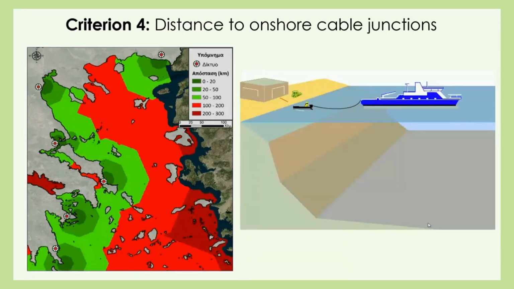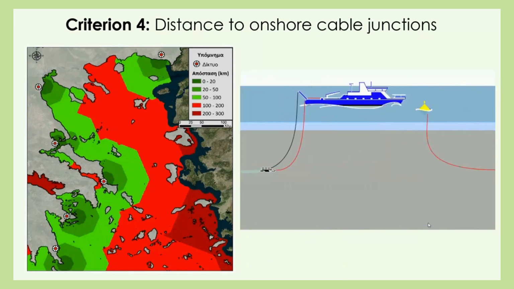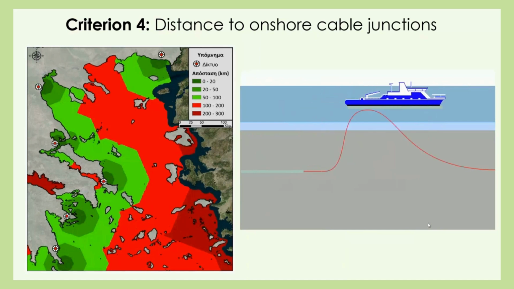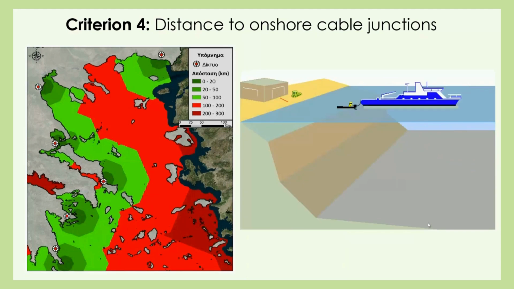And the last three criteria, one is focusing on the distance from the onshore cable junctions, because we are explaining that our offshore wind farm needs to be connected to the onshore grid. And here we see the distances from potential onshore cable connection points. Red areas, more expensive. Green areas, less expensive. But still, we can explore some red areas.